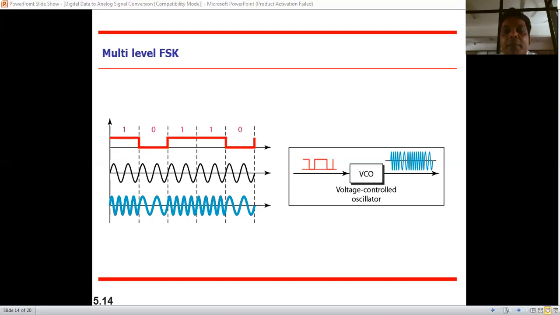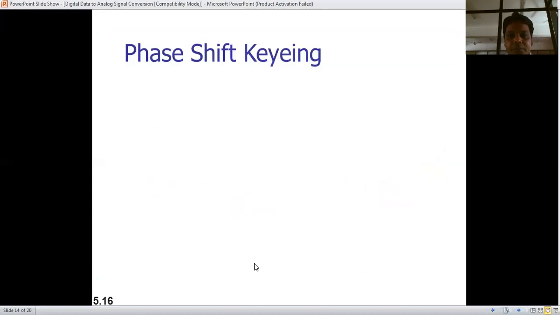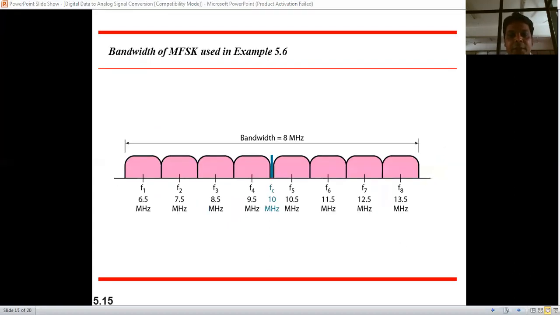Because of this, the bandwidth of multi-level frequency shift keying can be higher, and it is represented as (1 + d) × s + (L - 1) × 2 delta f, which results in L × s. That means the bandwidth required for multi-level frequency shift keying is calculated as L × s.